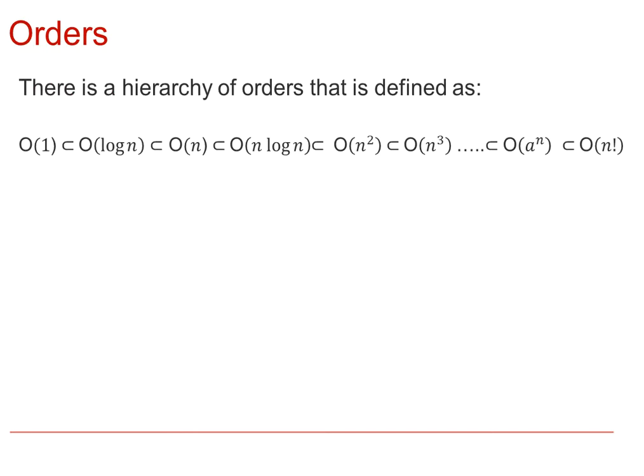This hierarchy of orders is defined as shown here and given in the formula booklet on page 13. Note that this sign means subset of, so the higher orders are shown on the right hand side.